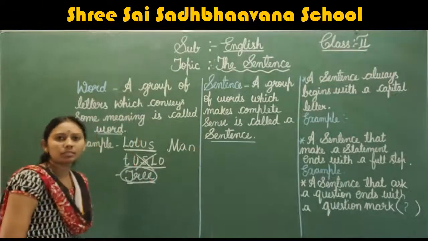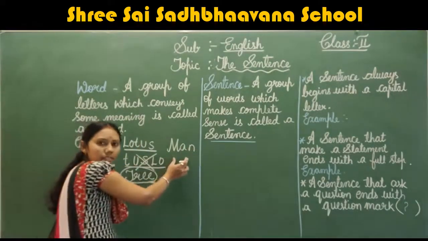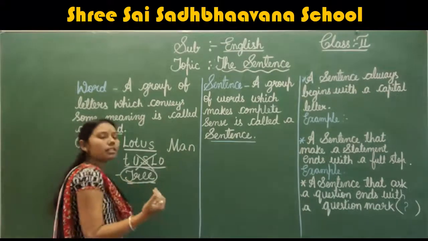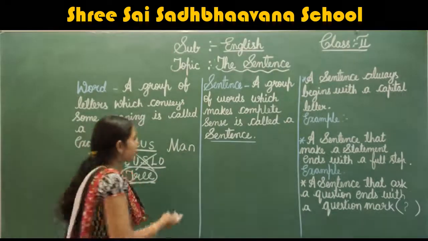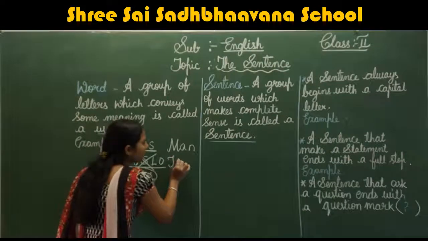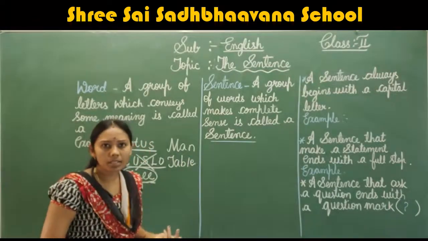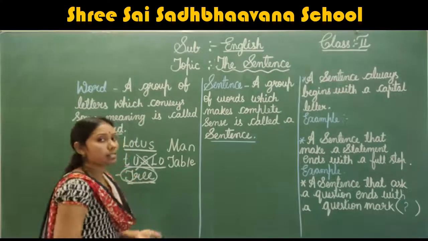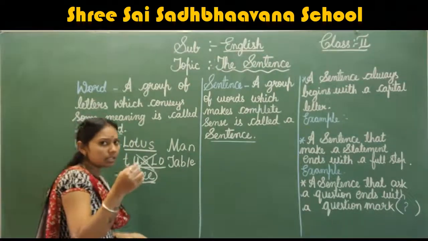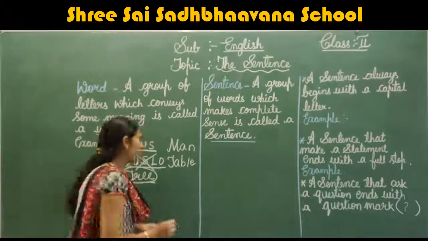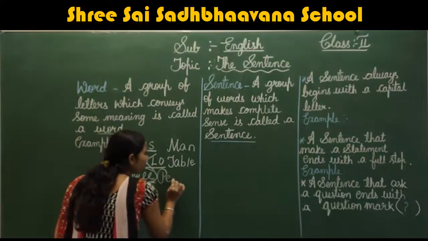M-A-N. Man is one word. Like that you can give so many examples. Table. T-A-B-L-E, table. It is a word. Your pencils. What are you writing with? Pencil. Pencil is also one word.